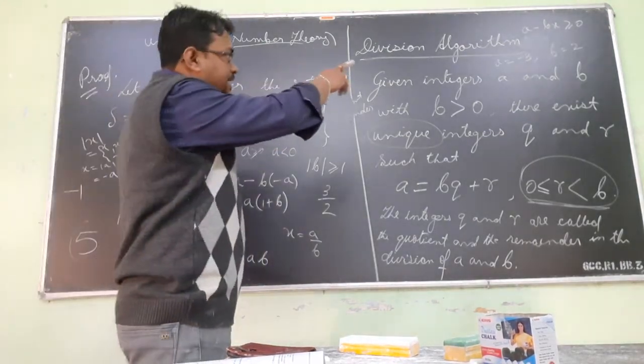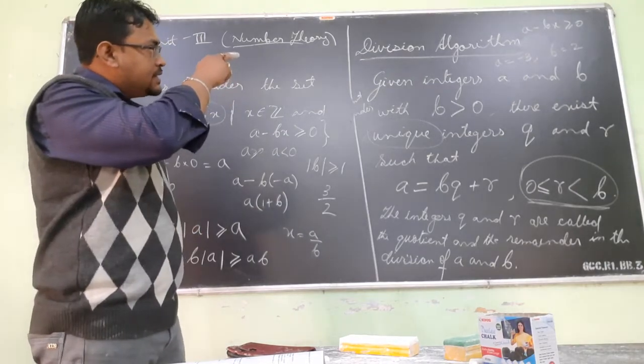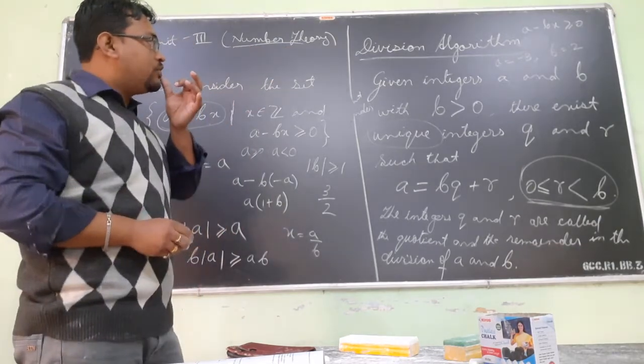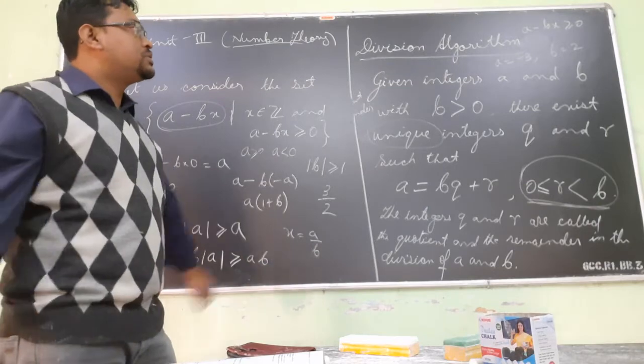Suppose A is minus 3 and B is 2. Then what should I take as the value of x so that A minus Bx becomes greater than or equal to 0?